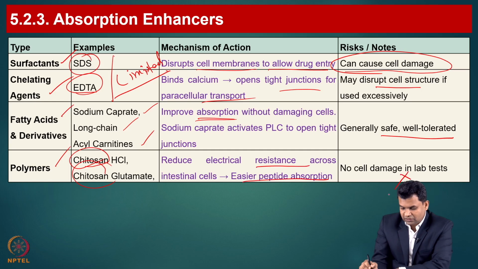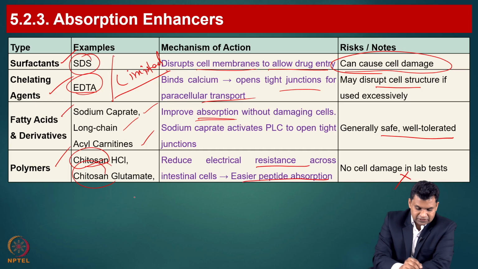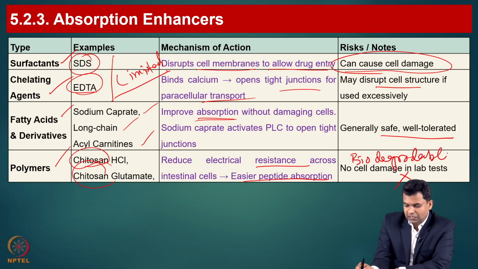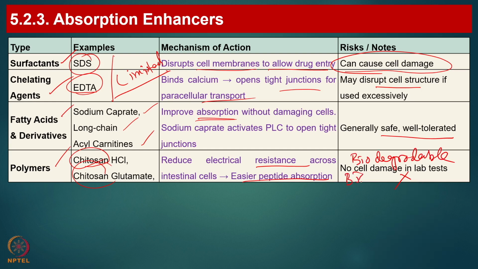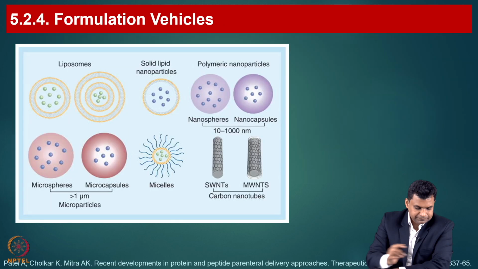You will not see any type of cell damage because chitosan itself is biodegradable as well as biocompatible, and is also proven to be non-immunogenic. So, we can use such polymers for the delivery.